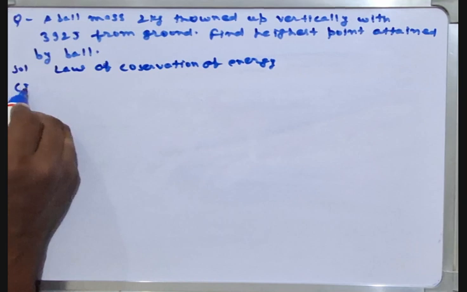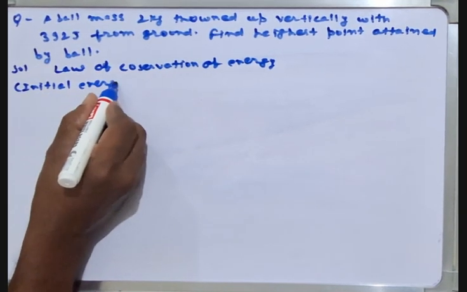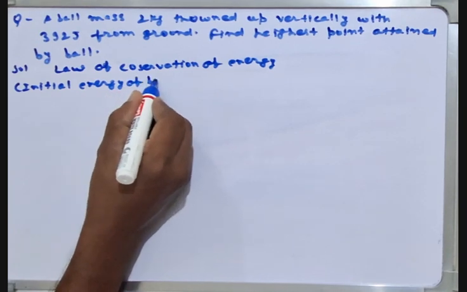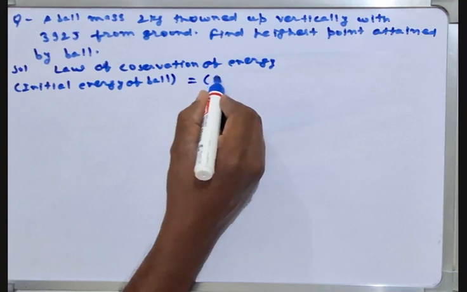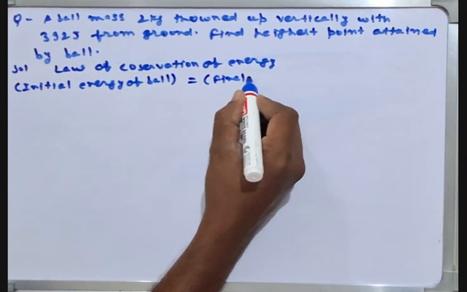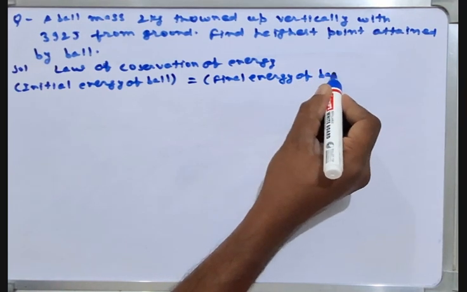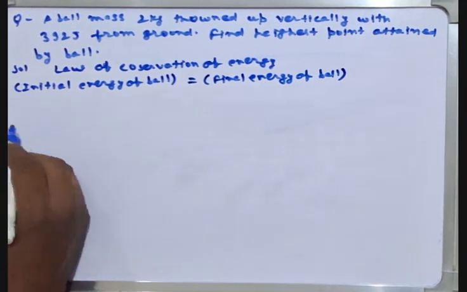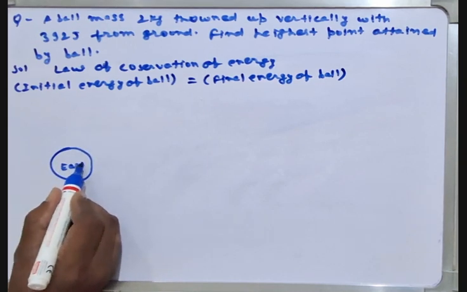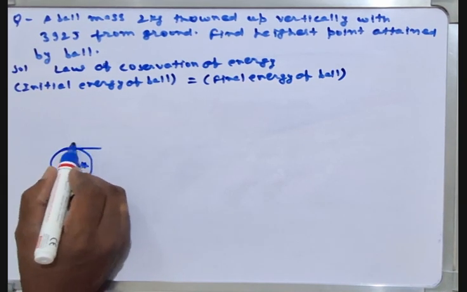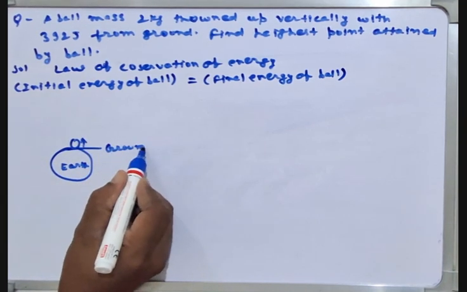the initial energy of the ball must be equal to the final energy of the ball. Suppose this is the earth, and the ball is thrown in the up direction from the ground.